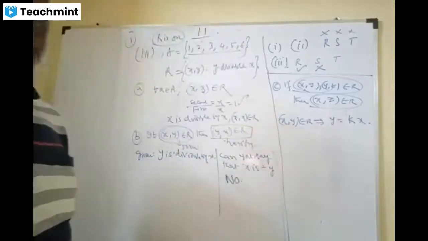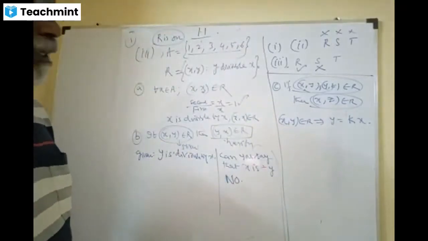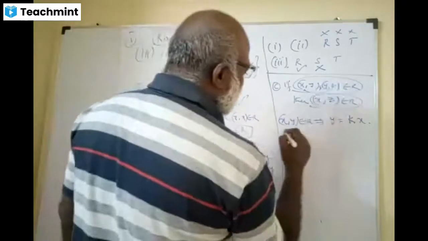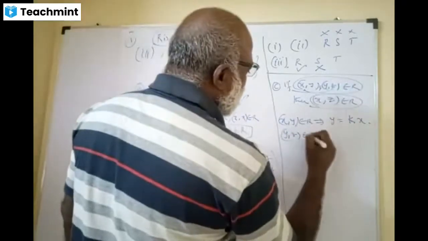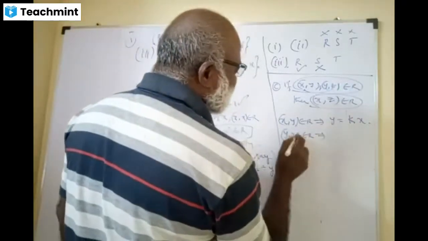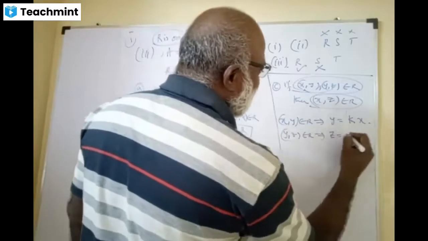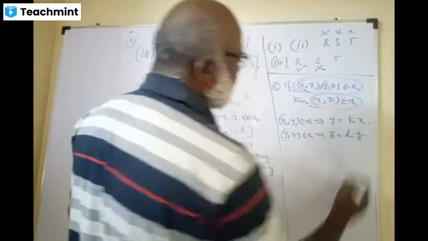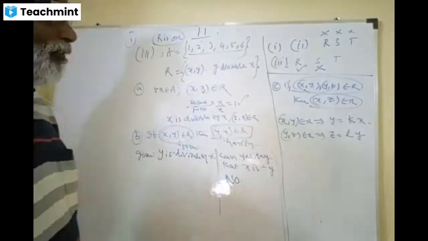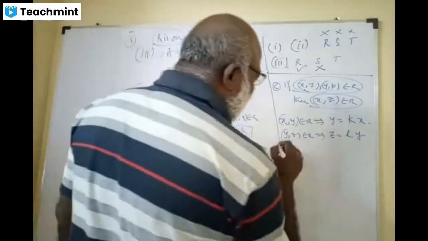Yes or no? Last year we had mathematical reduction. Similarly, (y, z) belongs to R means z is divisible by y, so z equals ly. Yes or no?